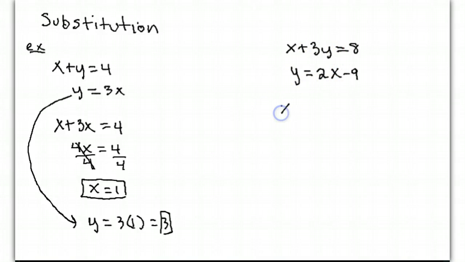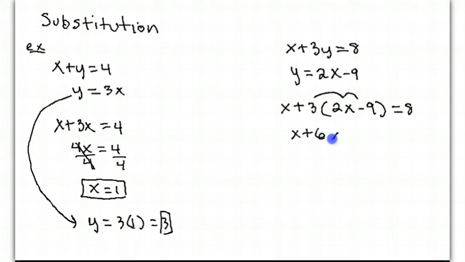What I'm going to have is x plus 3, open parentheses, 2x minus 9, because that's what y is, close parentheses, equal to 8. To solve this, you have to distribute the 3 through, and you're going to end up with x plus 6x minus 27, and that's equal to 8.